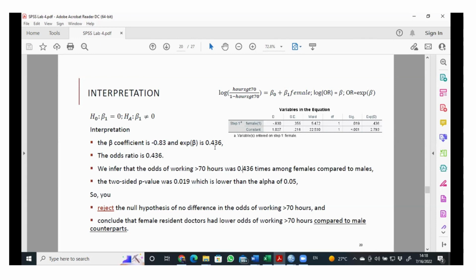Can anybody guess why it is that way, as against the comparison of means? Nobody, okay. Now, an odds ratio is a ratio, which means it is something divided by something.